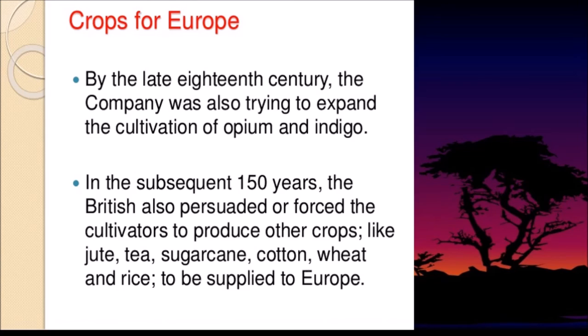The East India Company introduced many land revenue systems and forced cultivators to grow opium, tea, sugarcane, jute, rice, cotton, wheat, and indigo for export to Europe. Indigo cultivation was the most popular due to its high demand in the European markets during the British rule.